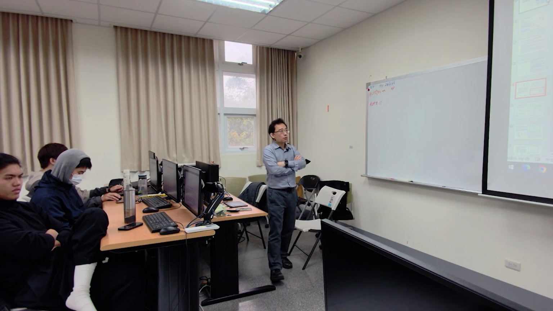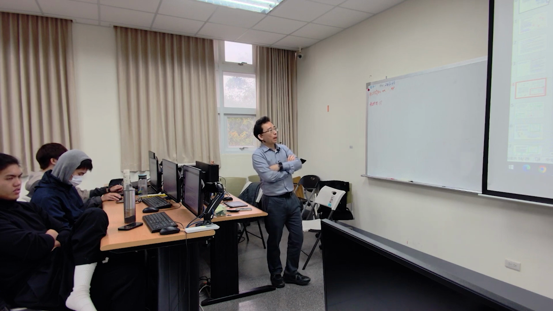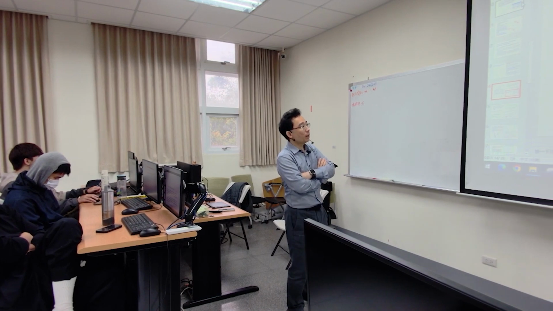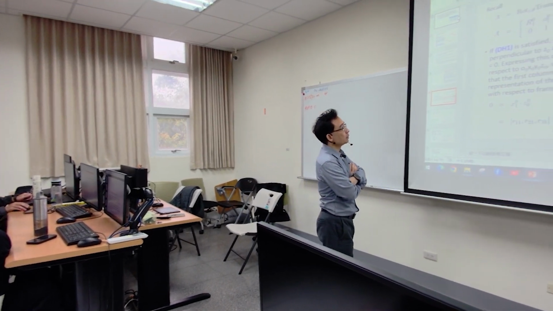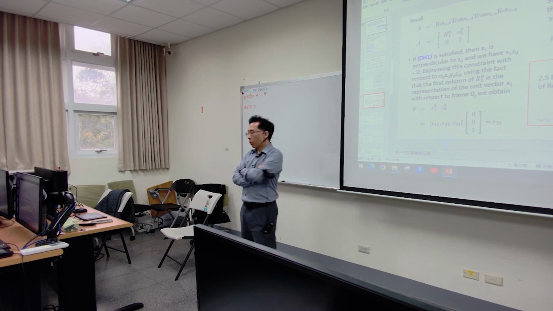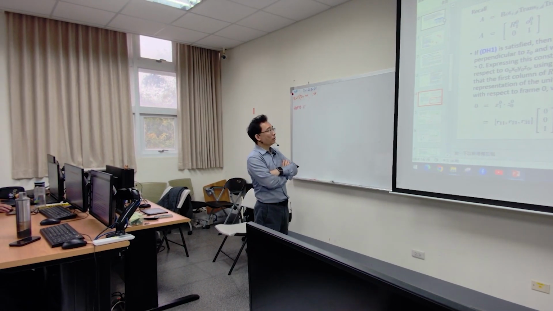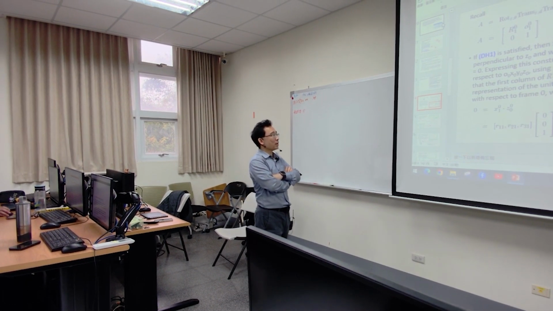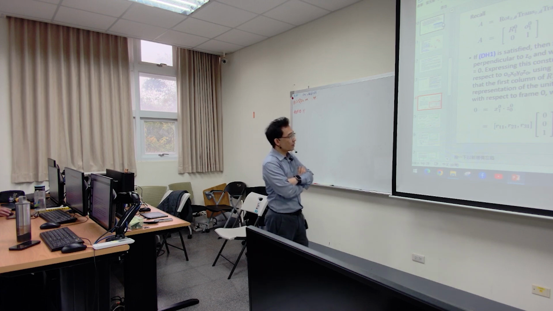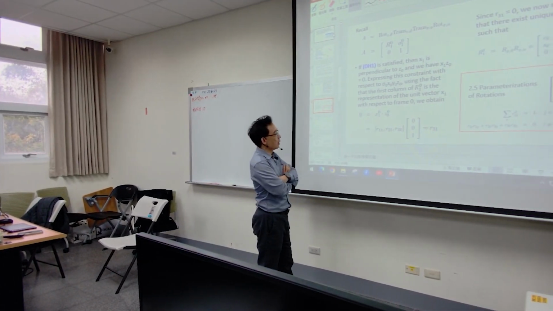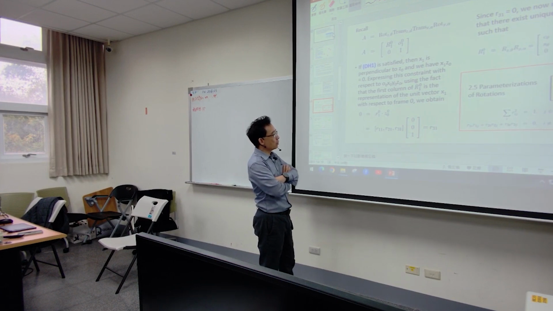Okay, so this A represents one joint. And they go into more detail for the assumptions. For example, if assumption 1 is satisfied, then we have this characteristic in our computation.